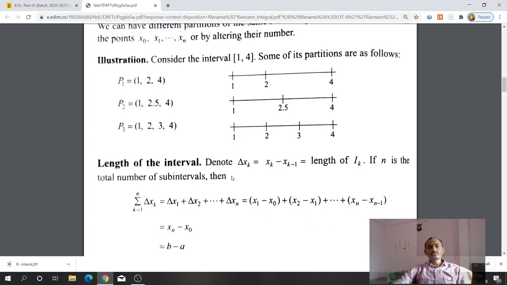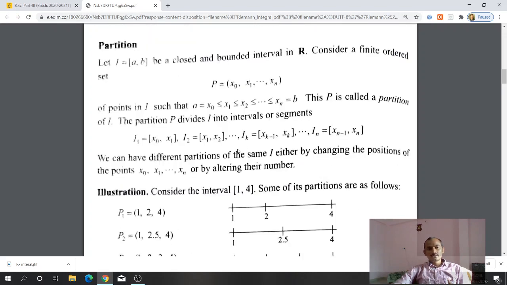So let's denote by delta xk the length of the kth interval. Your kth interval is Ik, which is xk minus 1 comma xk. And what is the length of this Ik? How to find it?